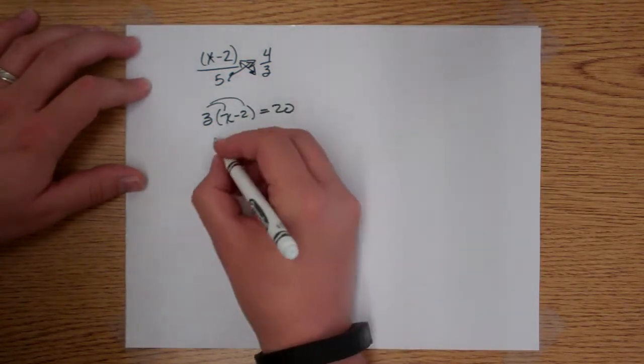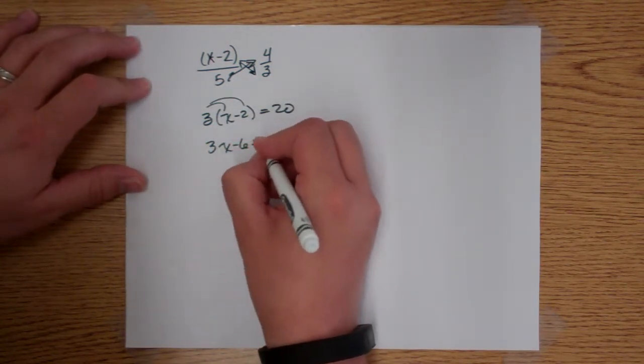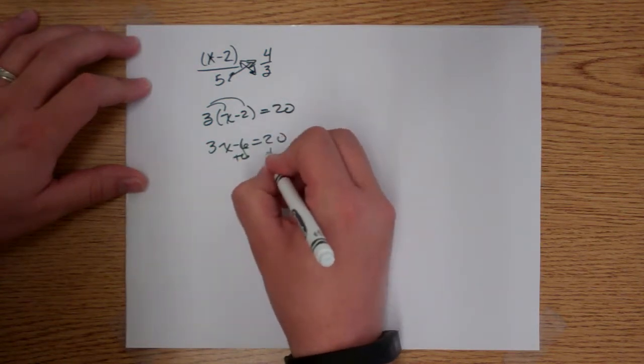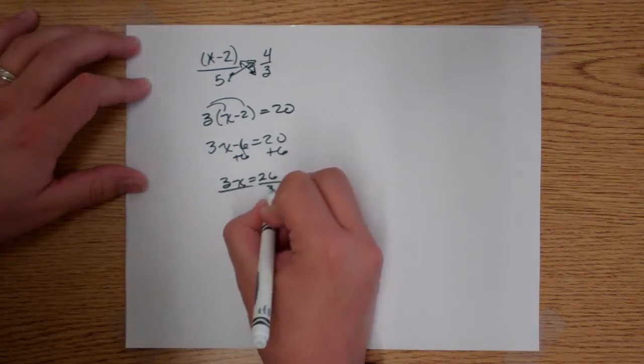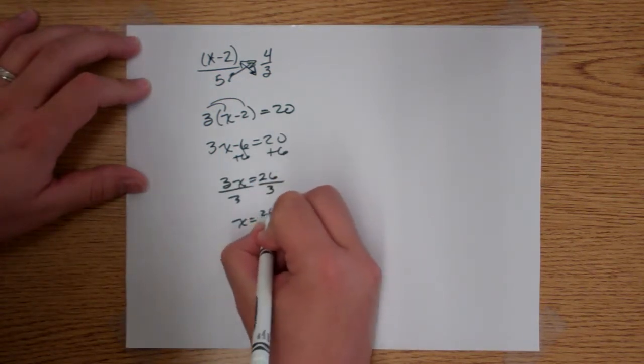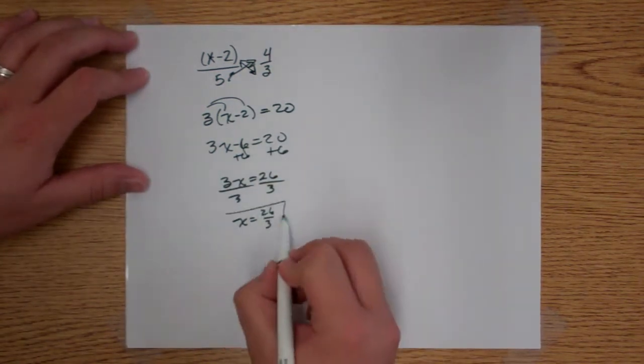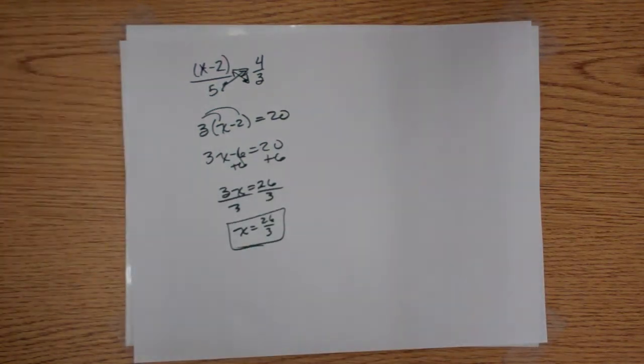And now you just solve it like you would any equation. So in this case, x would equal 26 over 3. All right, that's pretty much it for ratios and proportions.